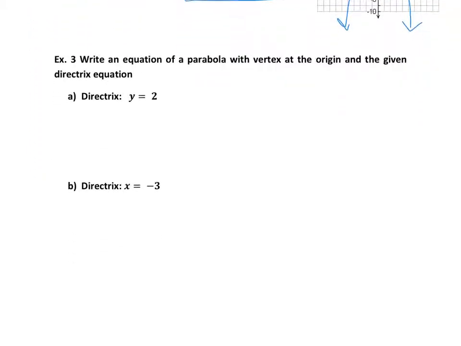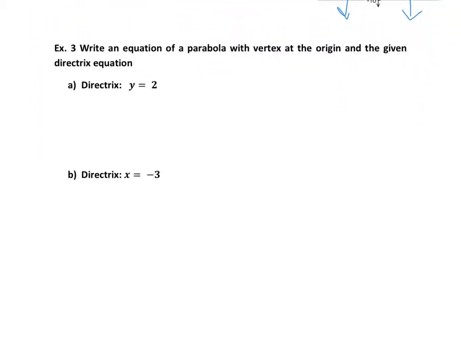On to example 3, it says, write an equation of a parabola with a vertex at the origin and given the directrix equation. So first off, what I'm going to do is I'm just going to graph this so that I can see. That's always a good idea, is draw a rough sketch if you're not sure. So if my vertex is at the origin and I have a directrix at y equals 2, what does that mean my p-value is?